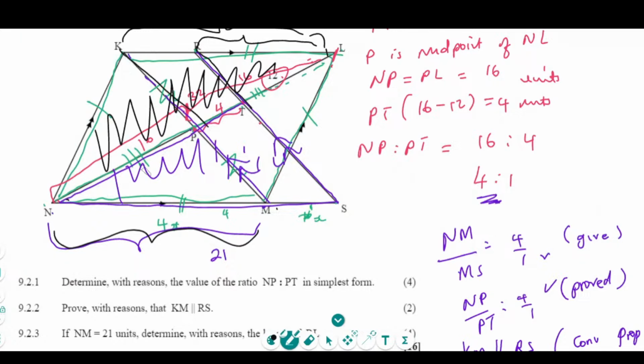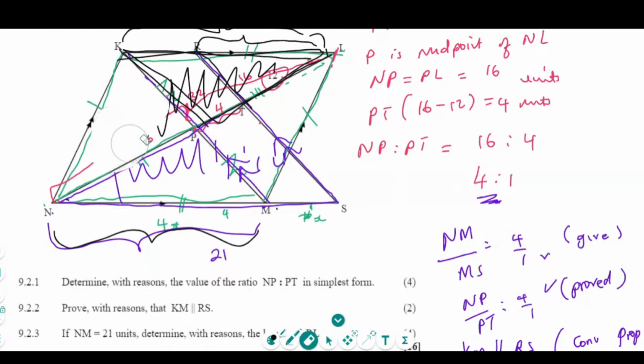lines, I can just focus on this only. Just take this out. Just that. Okay. So I have this as my 4. I have this as my 12. And all of that is 16.